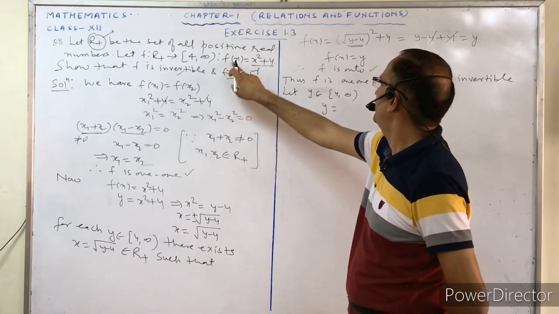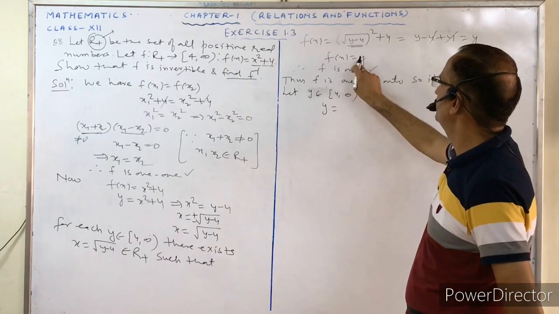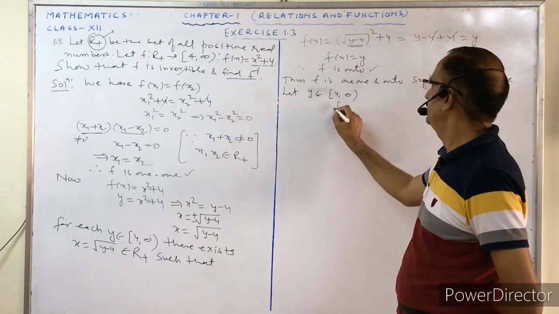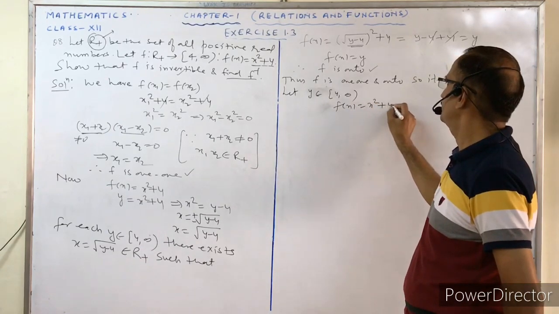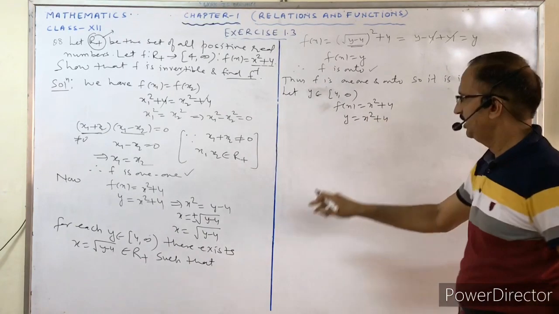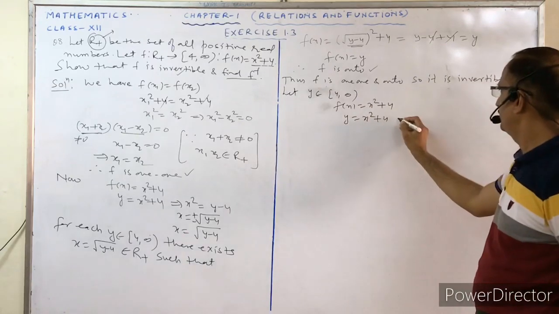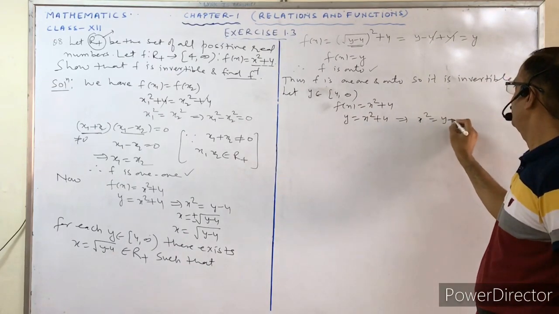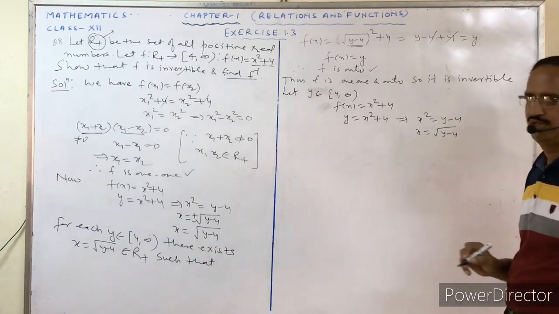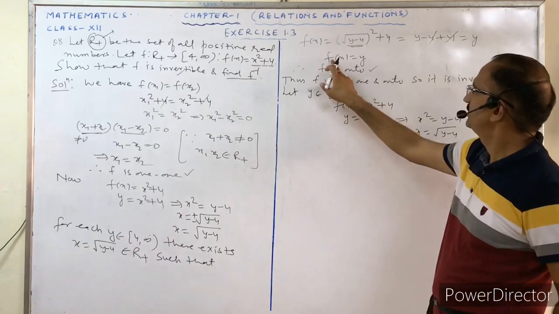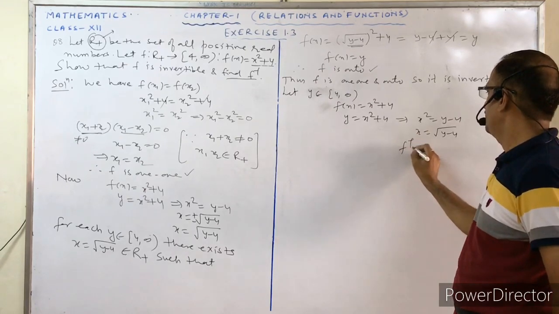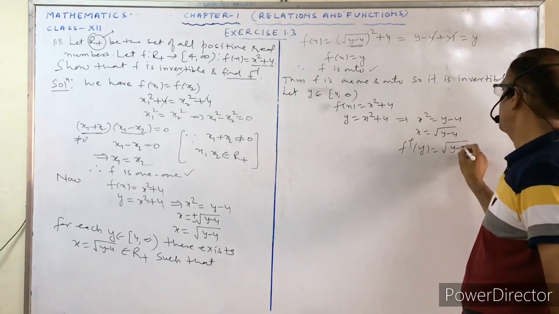In place of f(x), we will write y, because it is proved that f(x) equals y. Now f(x) equals x square plus 4, so y equals x square plus 4. The same way as we have done here, we can write this as x square equals y minus 4, x equals root y minus 4. Now, what is x? This f(x) equals y, so x is f inverse of y. So in place of this, we can write f inverse of y equals root y minus 4.